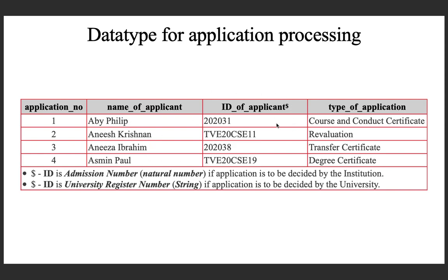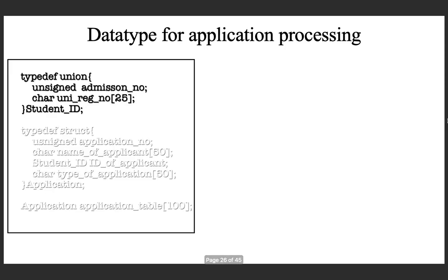My question is, how will you come up with a data type definition? For the third field, definitely you have to go for a union data object, and then you can have a structure for the whole row in this table. Okay, now I am giving you that solution, one possibility.